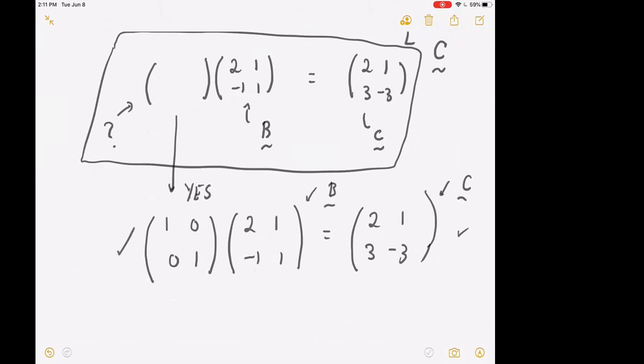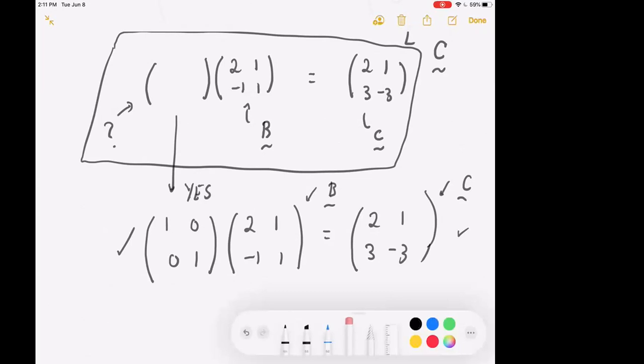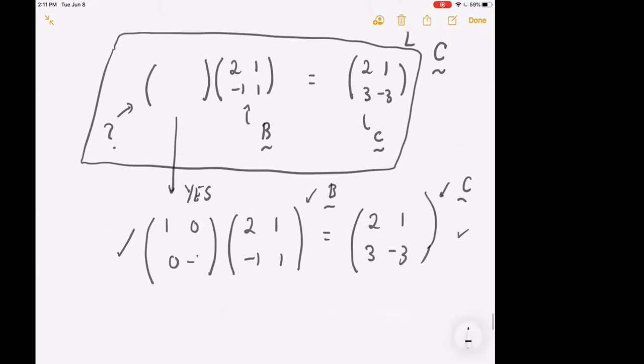And if you want to get C, then the correct thing to think about is simply to replace this 2-2 matrix element by -3. And that does it. So this matrix is very special. We'll call it capital E sub 1, and it is an example of something called an elementary matrix.